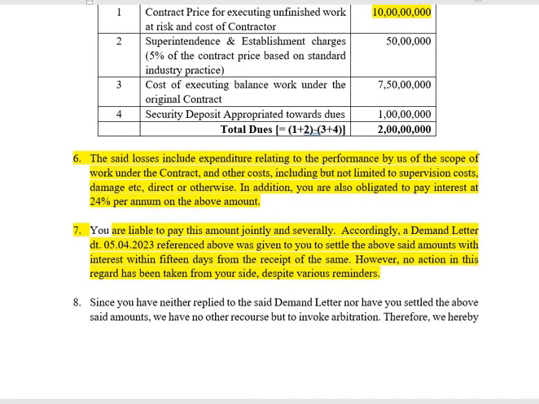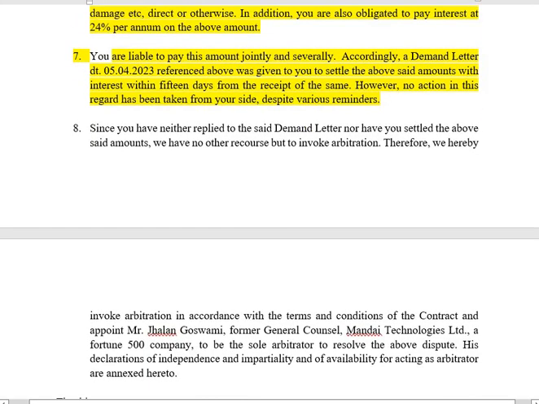Then the last part of the notice concerns invocation of arbitration and the appointment of arbitrator. Here it says, since you have neither replied to the said demand letter nor have you settled the above amounts, we have no other recourse but to invoke arbitration.